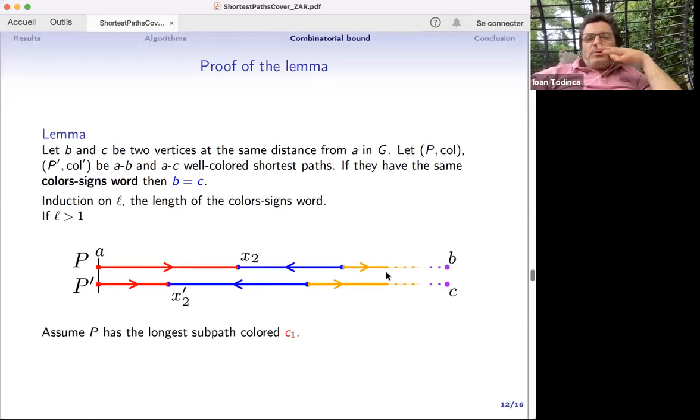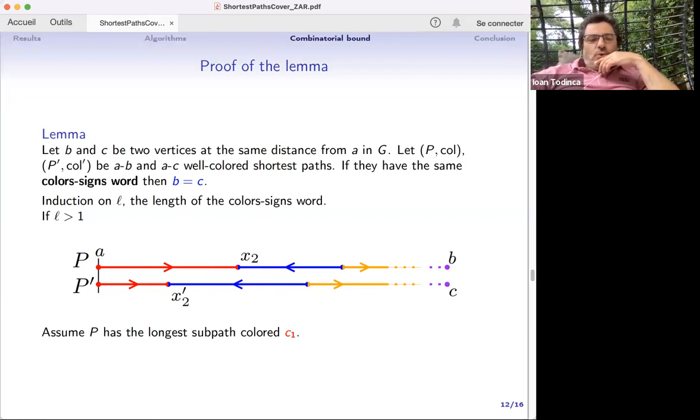Now, if I have paths which have the same colors and signs, but they might be different in length, the red part may be longer on P and shorter on P prime, and so on. I still claim that they end in the same point. Why is that? The two paths start with the same color, say red. Assume that the red part of P is longer than the red part of P prime.